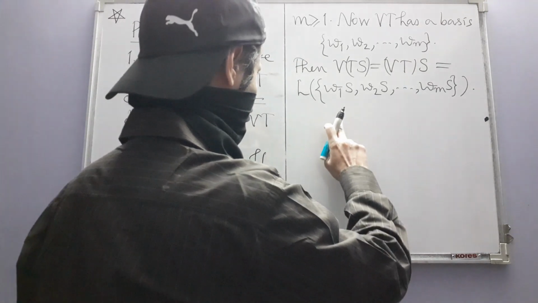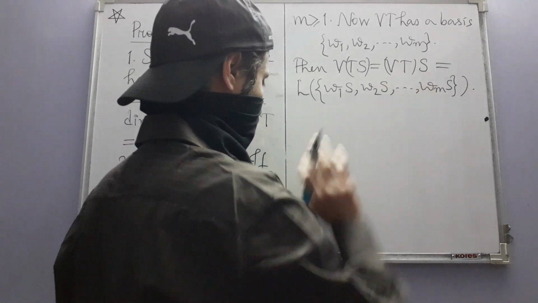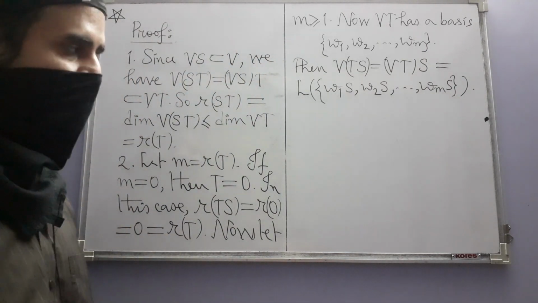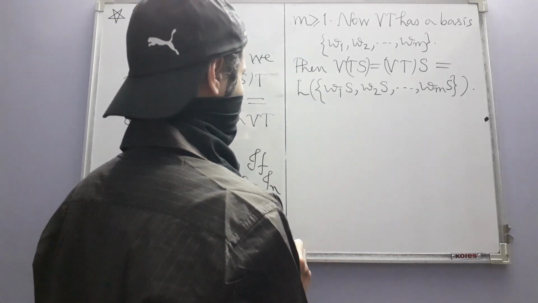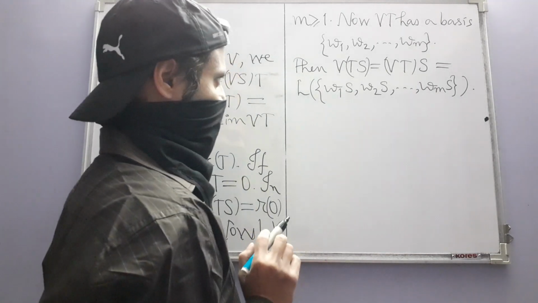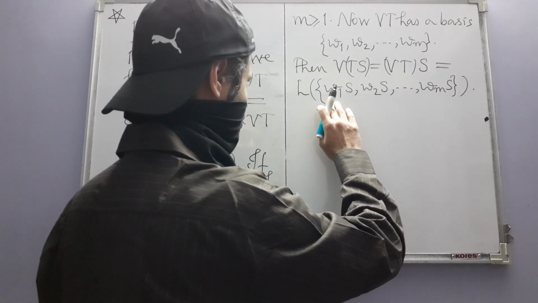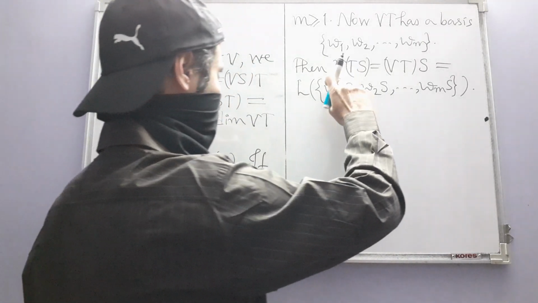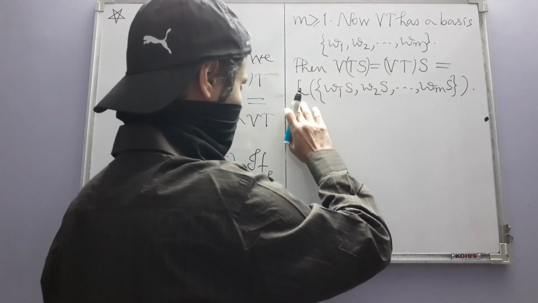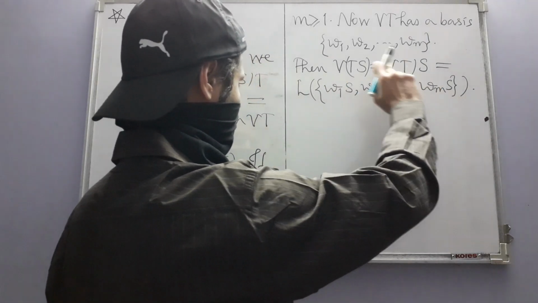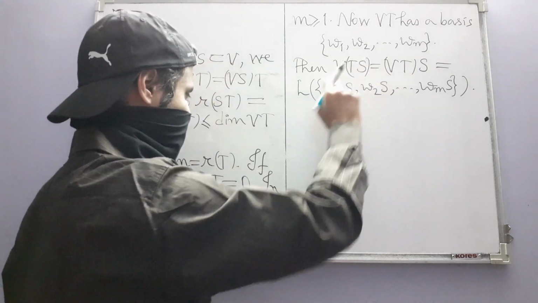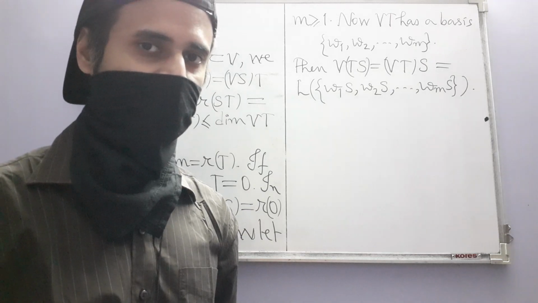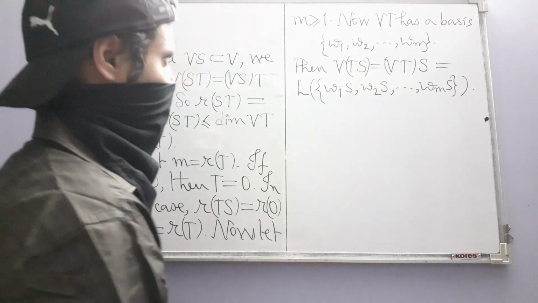But again you are looking at a list of M symbols, M vectors, which may not be distinct. So what does that mean? It means that whether they form a linearly independent set or not, the dimension of Vts, because the linear span of these vectors is Vts, so the dimension of Vts is at most M. It may be less than M also.